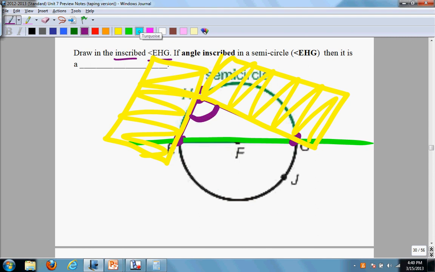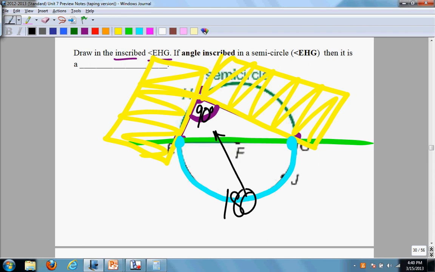Now sweep the arc it's grabbing from this end of the post-it, physically sweep, follow, keep going, right to there. Notice that the arc it's grabbing is 180 degrees. That means this angle back here is half. It's going to be 90 degrees.